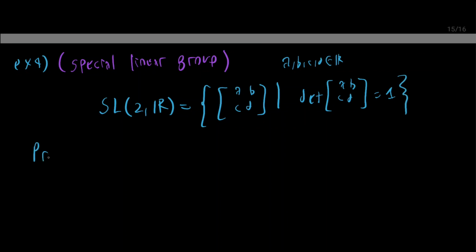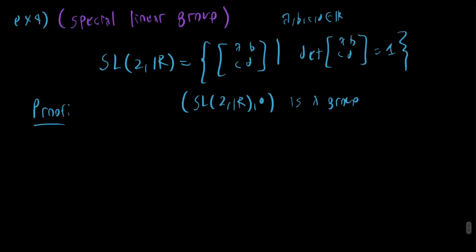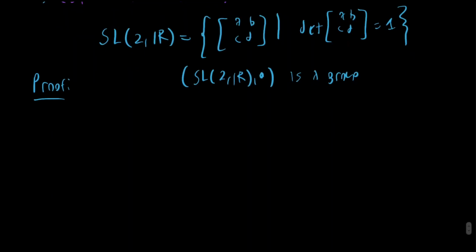So now, we claim that this set under matrix multiplication is a group. We don't really have to check associativity again, because we already did, and it restricts, of course, to the subset SL2R of GL2R.